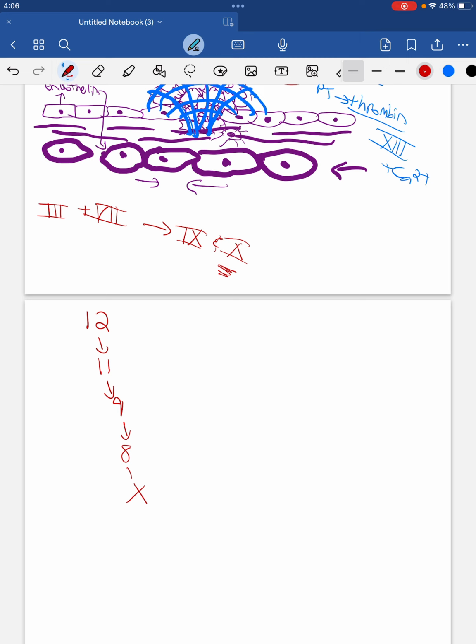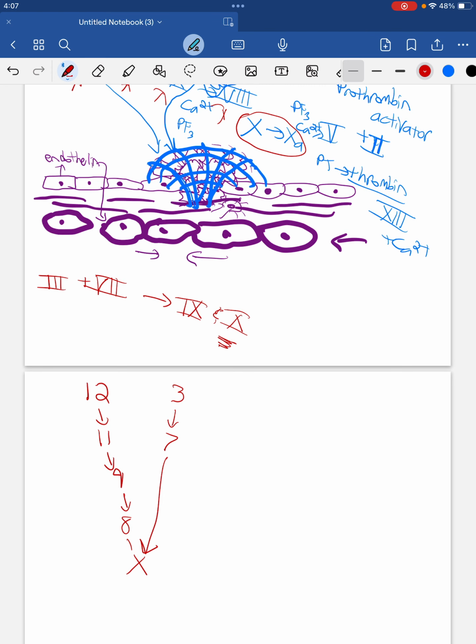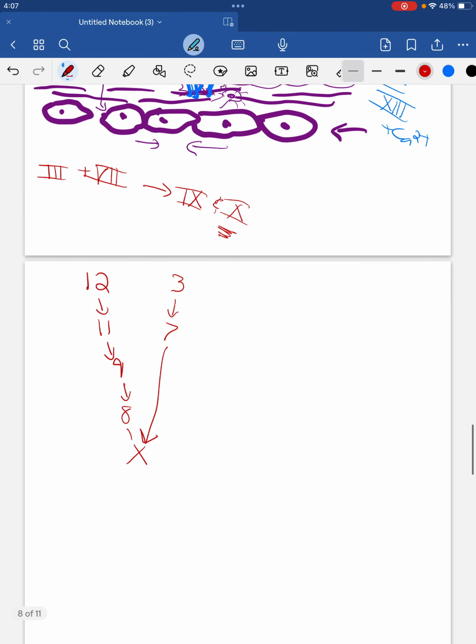Okay, and then our extrinsic, we have 3, 7, 10. Okay, and then we have, after we get from factor 10, we have factor 5 and 2.